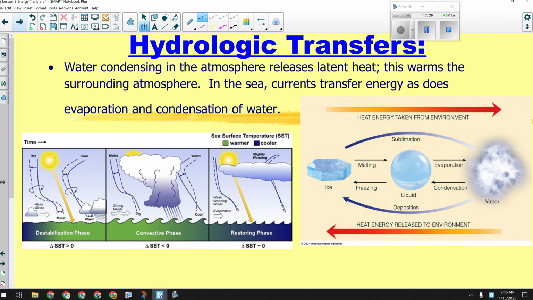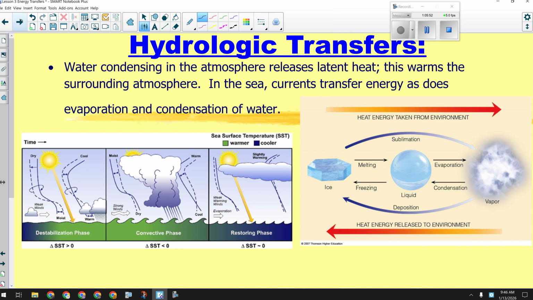Now, transfers within the atmosphere: radiation is certainly going to travel through, be absorbed, reflected, converted. We're also talking about the hydrosphere, where we're mostly talking about a little bit of convection, ocean currents are convection. But mostly for the hydrosphere, we're talking about latent heat.